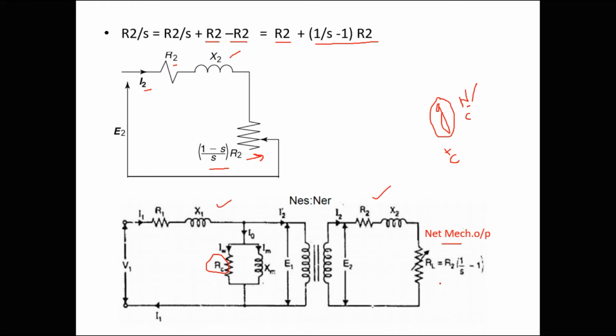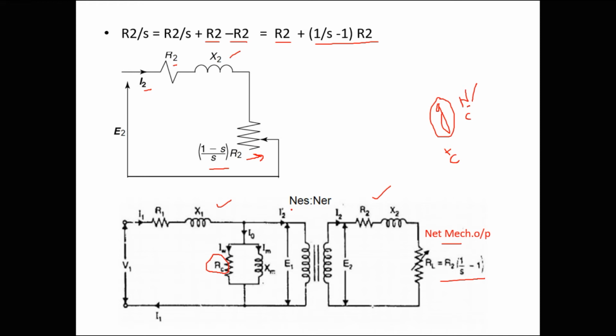It means we have removed the mechanical loss happening on the rotor side, and now we indicate that electrical equivalent of mechanical output as net mechanical output. If you include the presence of mechanical losses on the rotor side, then we have to represent that mechanical output as gross mechanical output. So that's the difference between gross and net mechanical output.